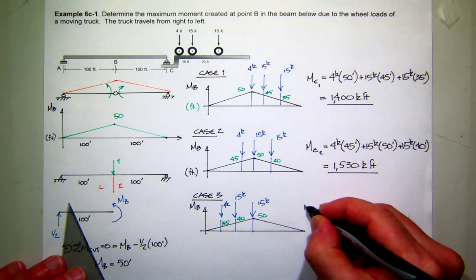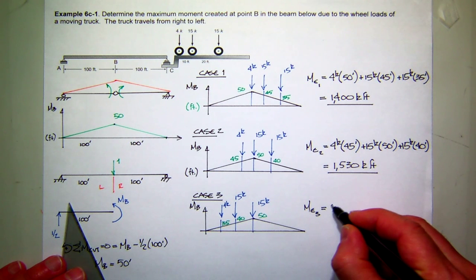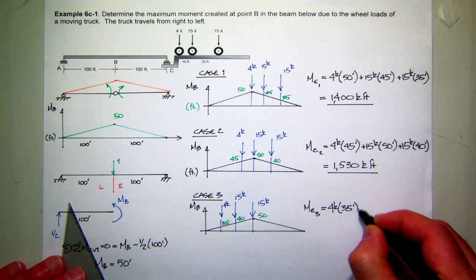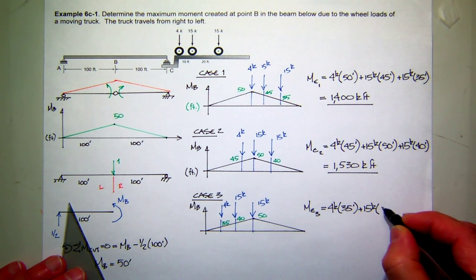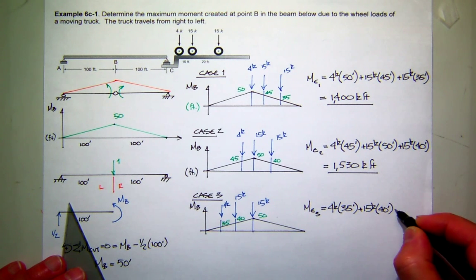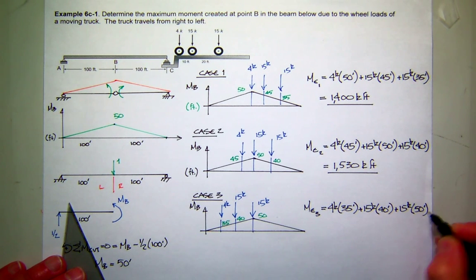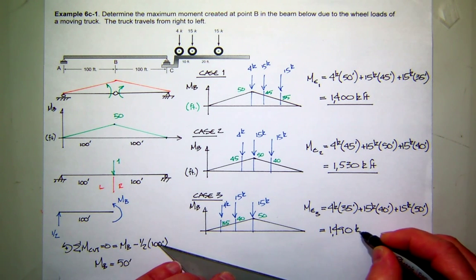I think this is going to be smaller, but let's check it anyway. So M_B case 3 will be 4 kips times 35 feet plus 15 kips times 40 feet plus 15 kips times 50 feet. 1,490? Yes. That's closer than I thought it was going to be.